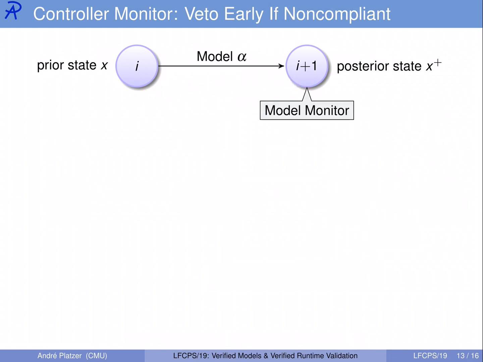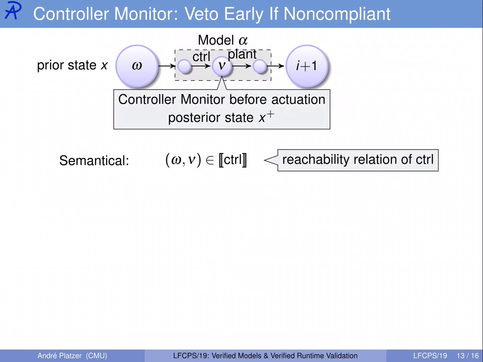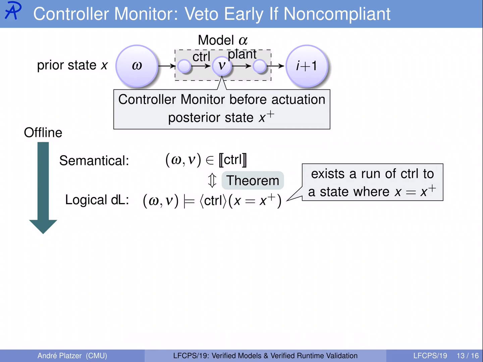You go from an old state to a new state with a model monitor, which now we understand is often composed of first running a control and then a plant. And already after the control, can you check the real controller's execution from an old state omega to a new state nu? Is that compatible with one of the behaviors that the control model allowed? And we again rephrase this in logic by the question whether the old and new state satisfy the formula that there is a run of the control model to a state where x equals x plus.